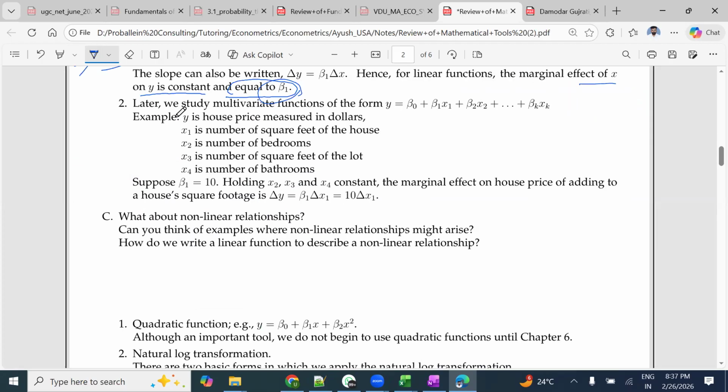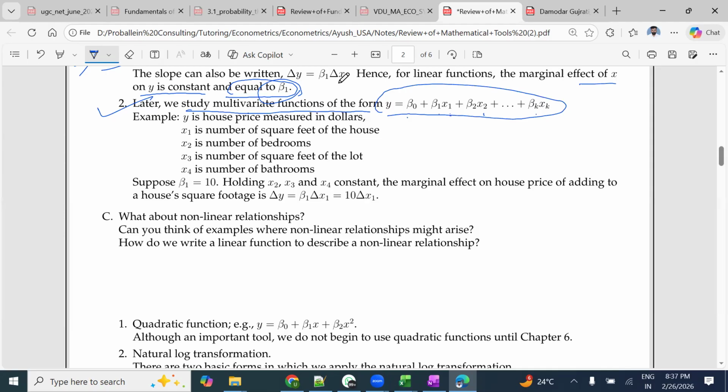Second, when we go to multivariate, then y will take the form of beta naught, your intercept, plus beta 1 x1, the first independent variable, then the second independent variable, and it will go up to the kth independent variable. Clear? So this is an example where y is the house price measured in dollars, x1 is the number of square feet of the house.